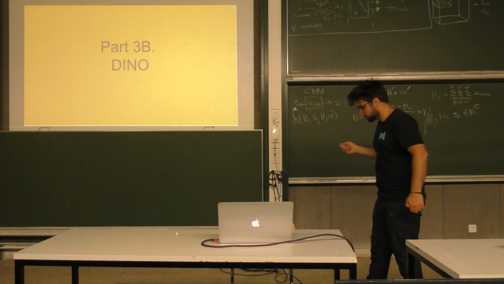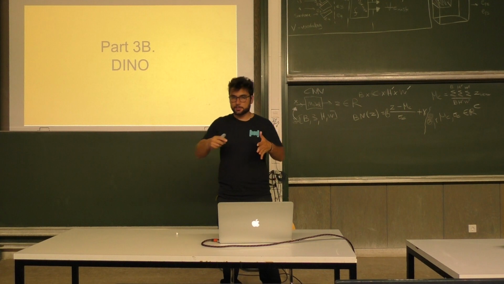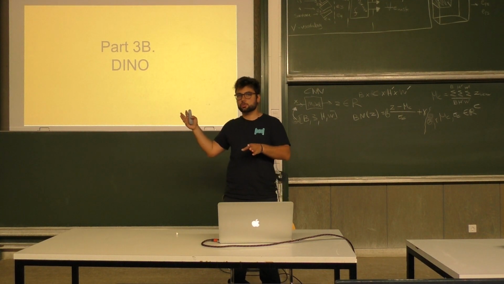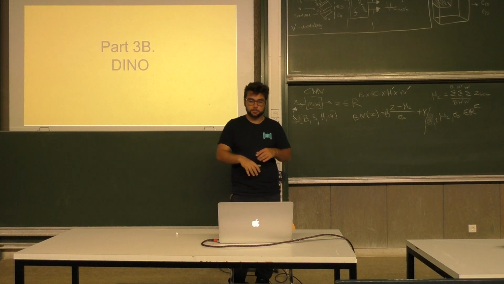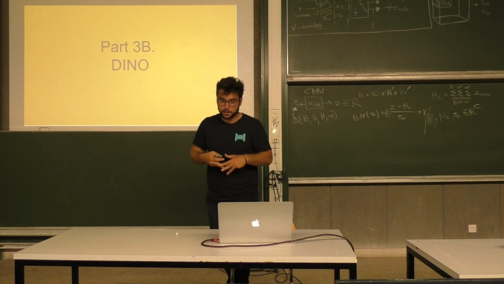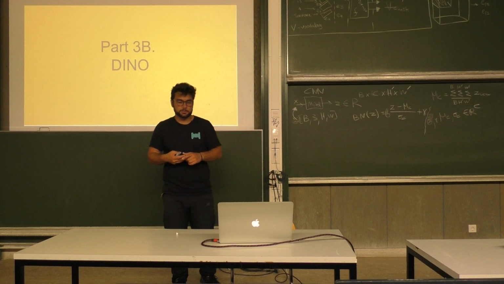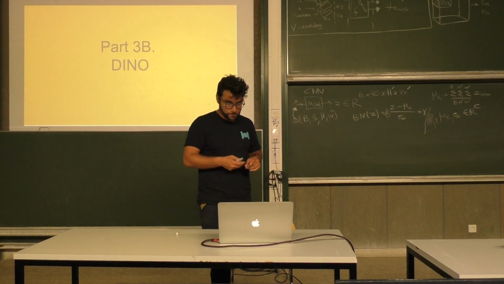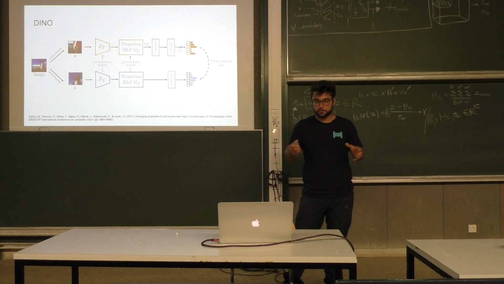The last part. So now we'll talk specifically about, I think 2 years after this initial approach called BYOL, a method proposed by Facebook AI Research called DINO, distillation with no labels, and how they managed to adjust the previous method.